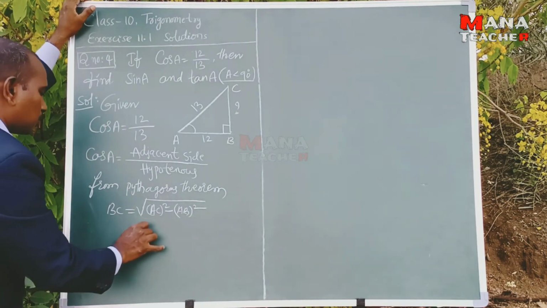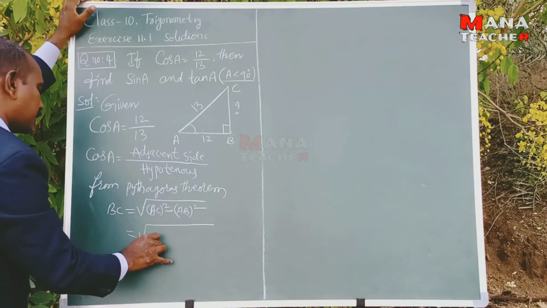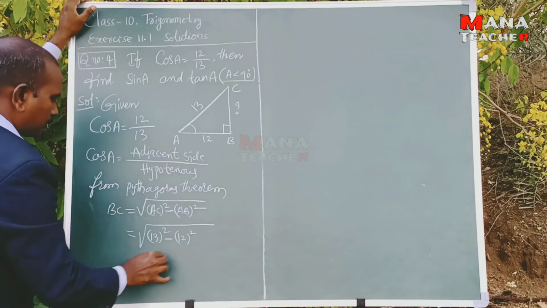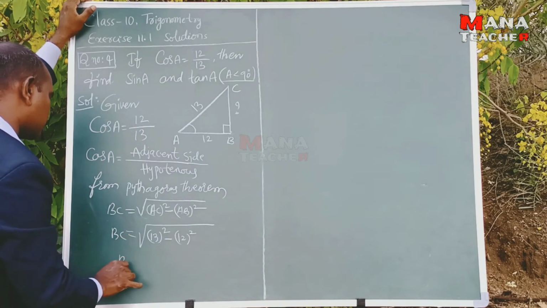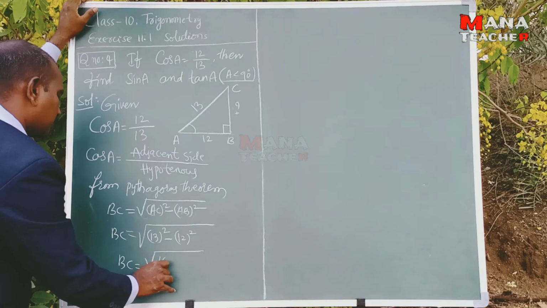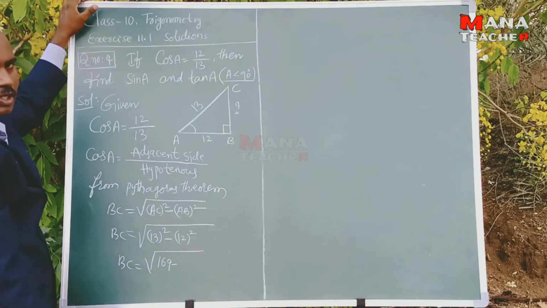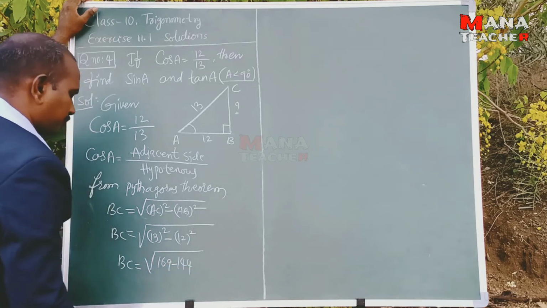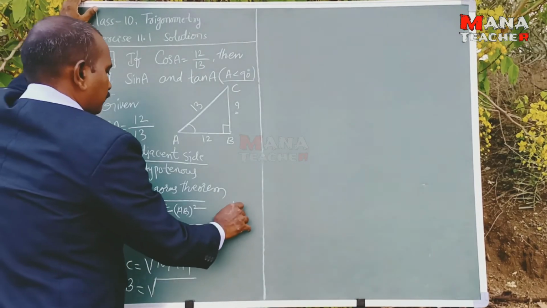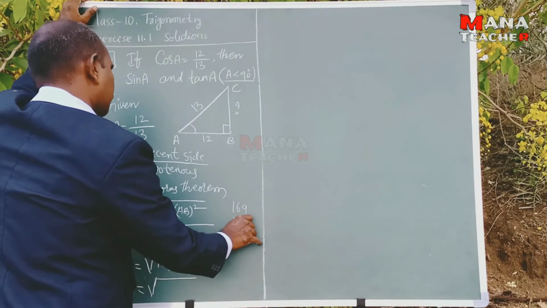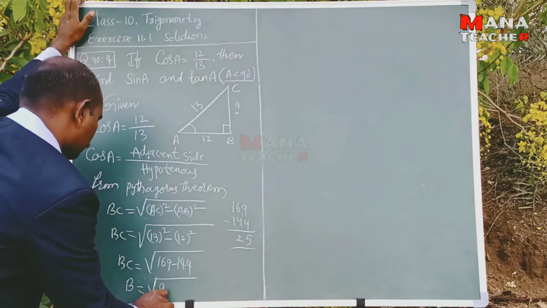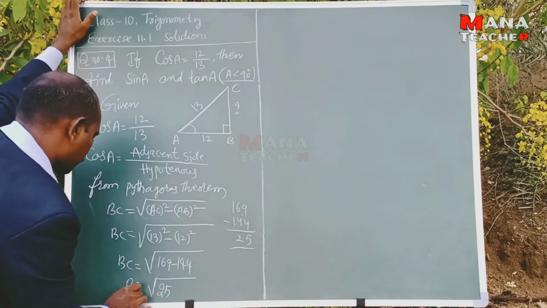Next, under root of 13 whole square minus 12 whole square, that equals under root of 169 minus 144, which is 25.